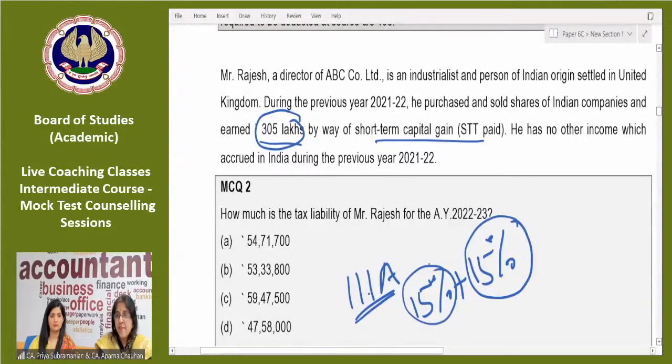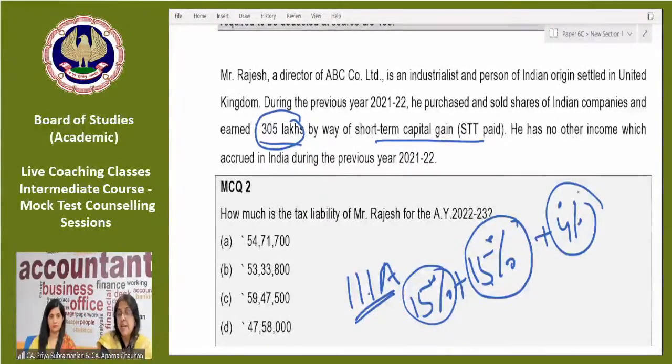One is the main rate of tax is 15%, there's no doubt about that. But surcharge will apply only up to 15% and not higher than 15%, plus cess of 4%. Moreover, since the director is a person of Indian origin settled in the United Kingdom, he's a non-resident. So you can't adjust the unexhausted basic exemption limit also.